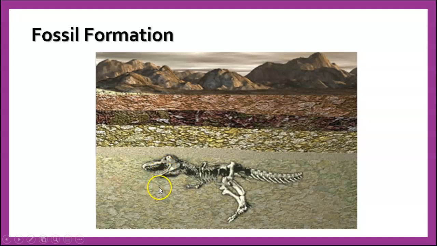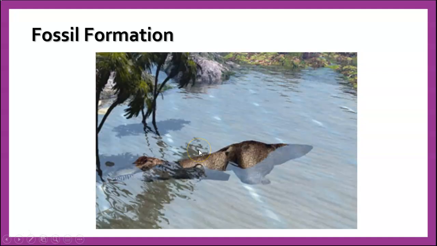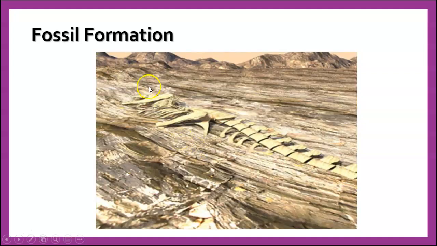The flesh rotted away, of course, and the bones became mineralized. In other words, they were infused with the minerals that were in the rock and no longer composed of bone. And then over time, those upper layers may have worn away, and you end up with exposed skeletal remains on or near the surface. And that's generally what we think about fossils and how they form and how they come to light for us in the present day.